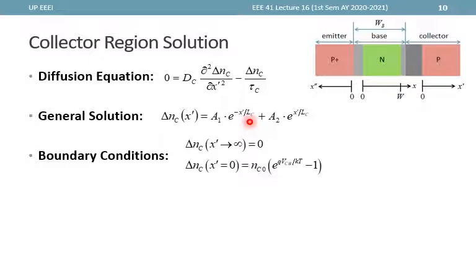Now, the boundary condition at x prime approaches infinity, the excess is 0, which means that A2 must be equal to 0. And so we're left with this one, which is based on the law of the junction at the base collector junction. At x prime equal to 0, again, this thing here is simply equal to A1 for this case.